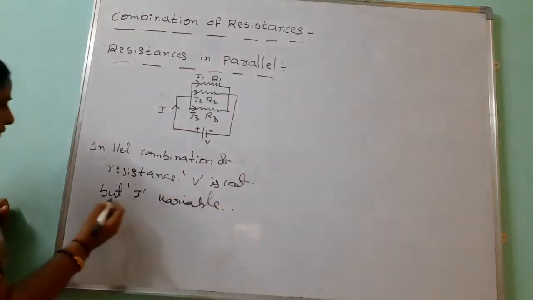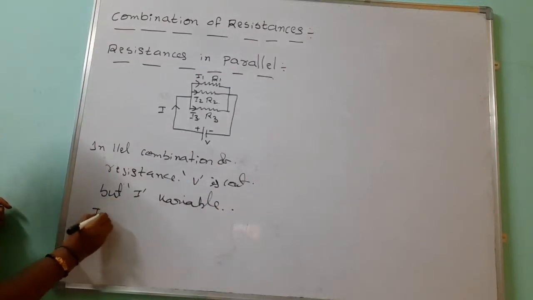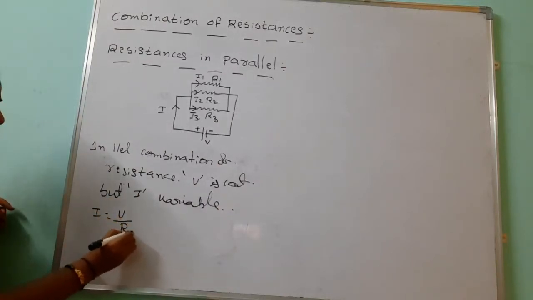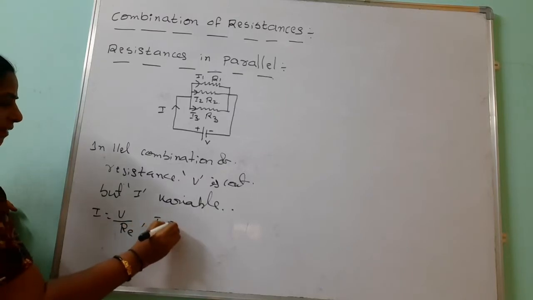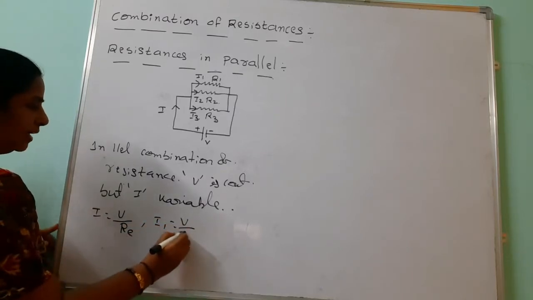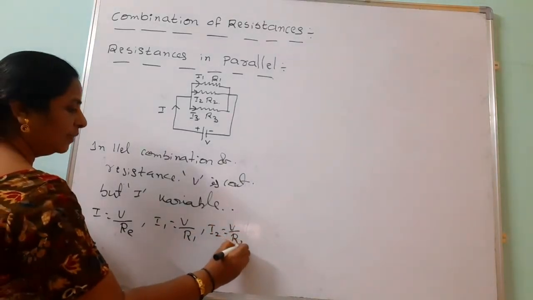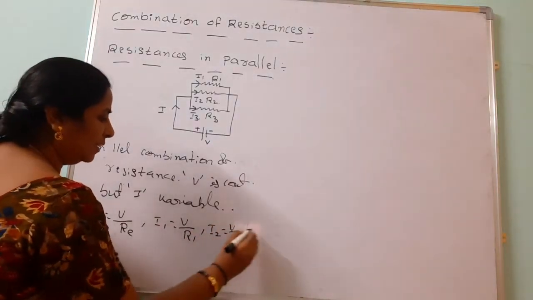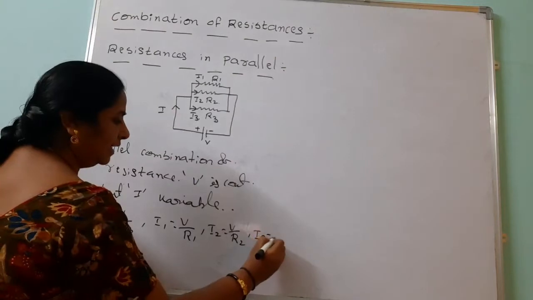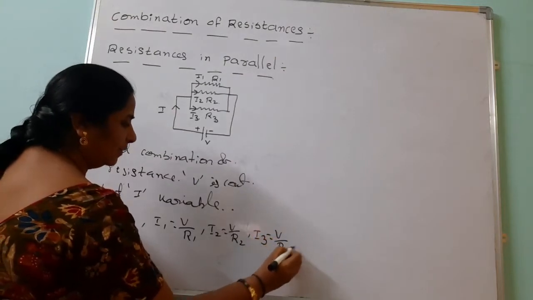From Ohm's law, we know that current, what is the formula? I equals V by effective resistance. Like that, I1 equals V by R1, I2 equals V by R2, because potential is constant in parallel combination. I3 equals V by R3.